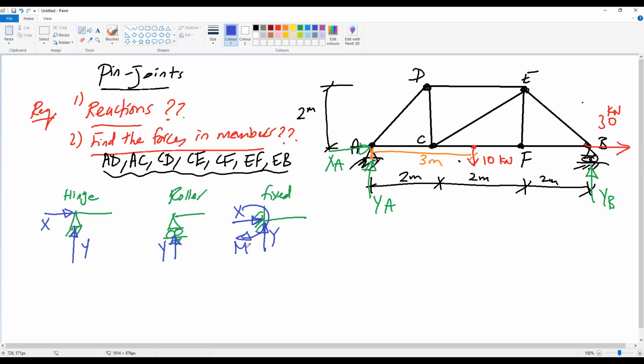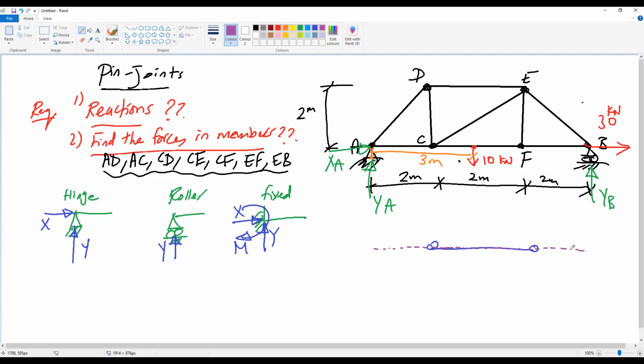Okay, before I solve the truss, I have 1 comment on the loading we have, because as you remember from last year, the truss member is a member like this, and this truss member can only carry forces in the longitudinal direction of the truss member.